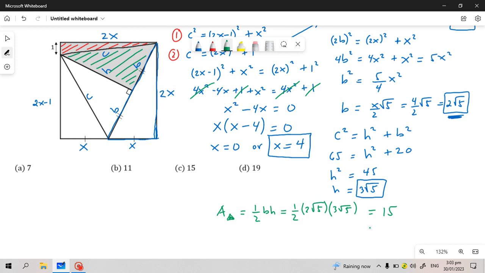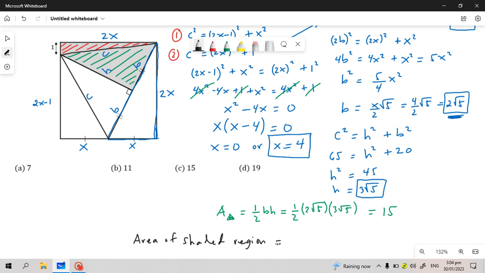We still have to add the area of the red and the green triangle to get the total area of the shaded region. So the area of the shaded region is just equal to the sum of the two areas of the smaller triangles.